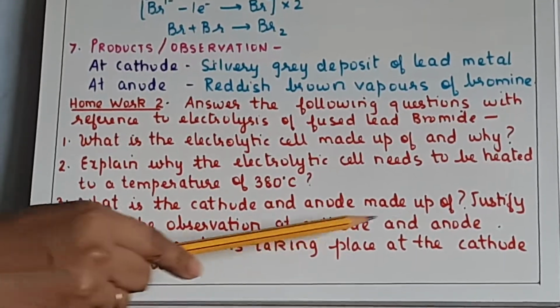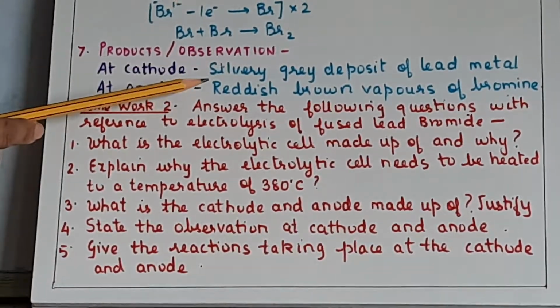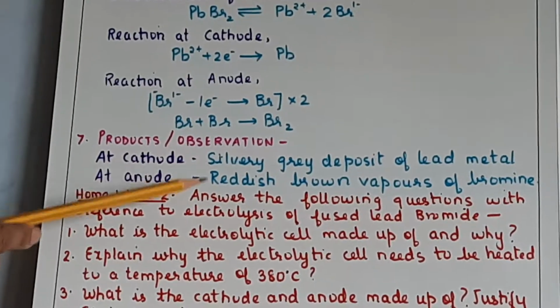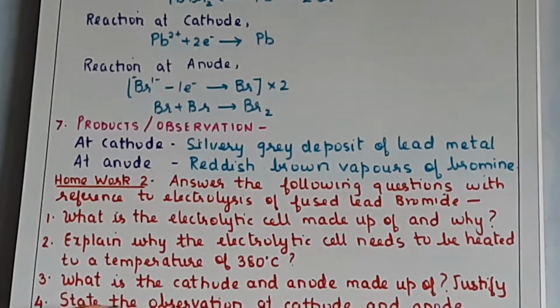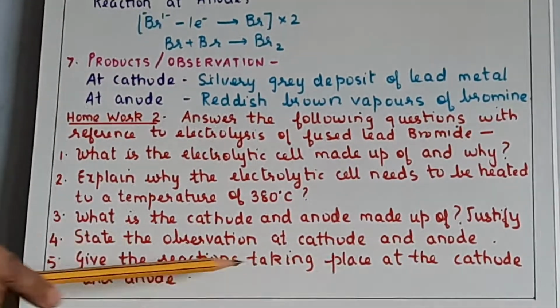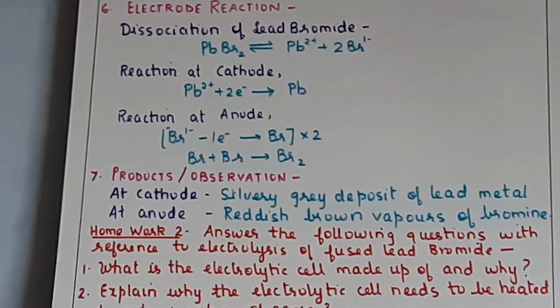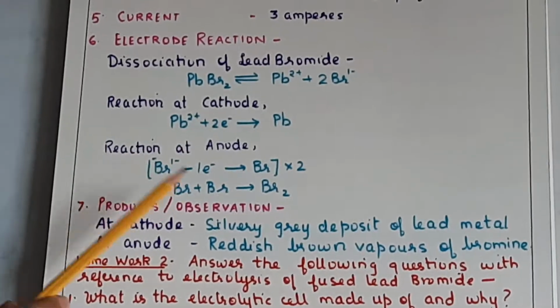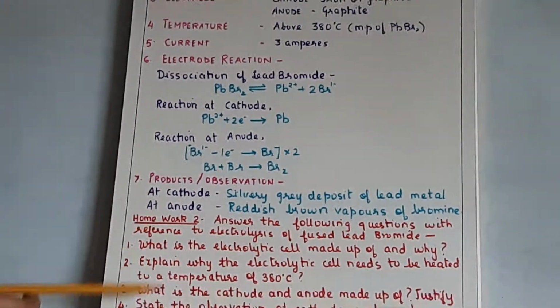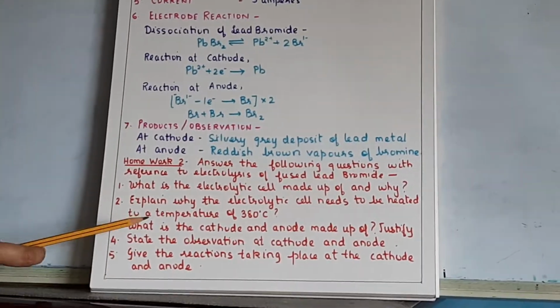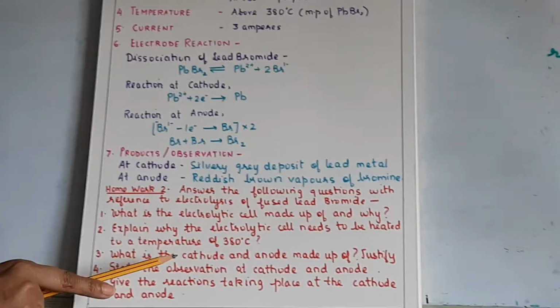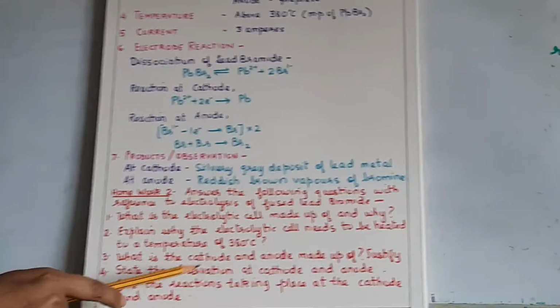State the observation at the cathode and anode: you will write this observation again. Yes, you will write it again, it is important. And give the reactions taking place at the anode and cathode. So again these reactions you will write as part of homework. Once you copy this slide, and second, as part of homework, you will be writing this again, because electrode reactions are very important. They are generally asked. Okay, is it clear?